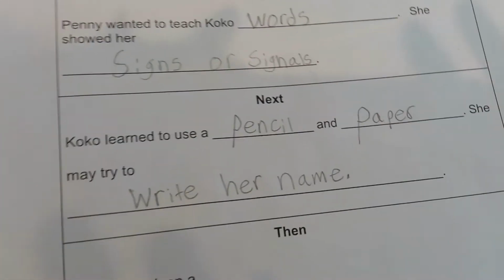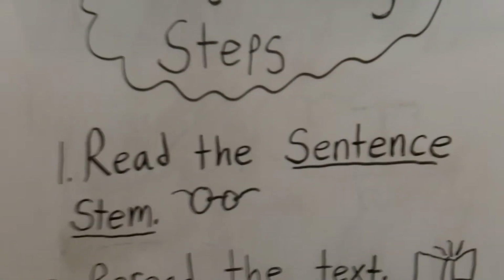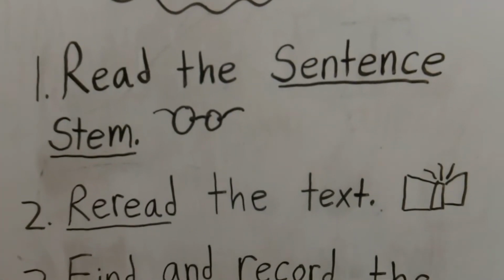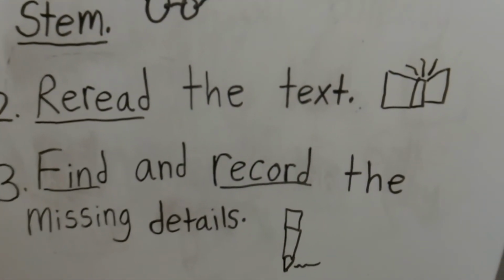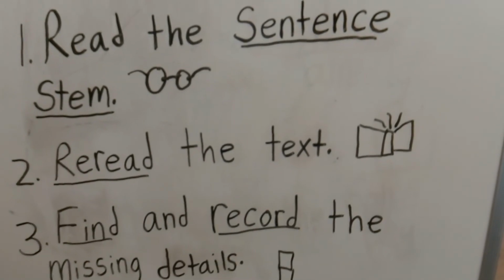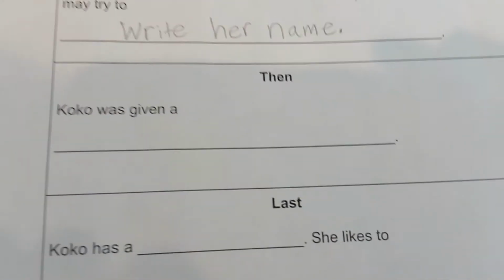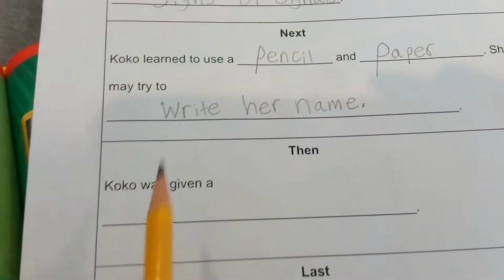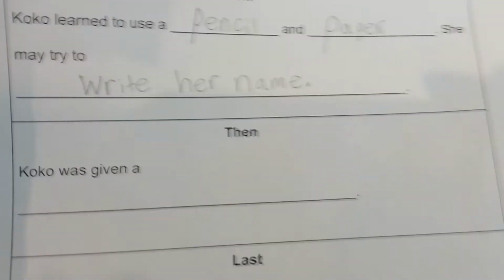All right, now that we have written these down, and together we have read the sentence stem, reread the text, and found and recorded missing details, it's time for you to complete the then part and the last part. So the then part says Koko was given a what?